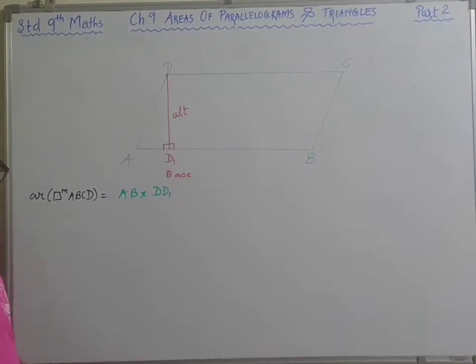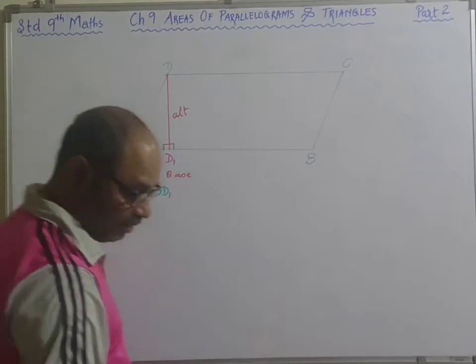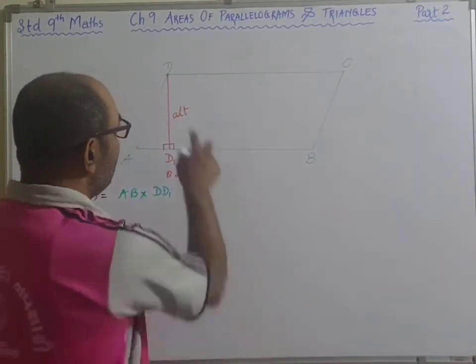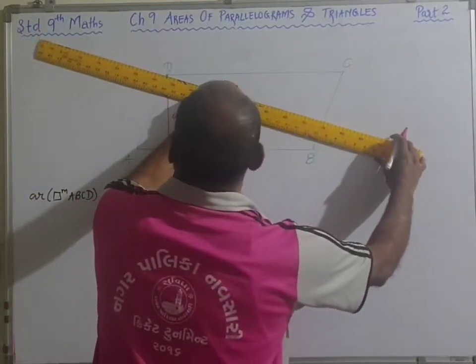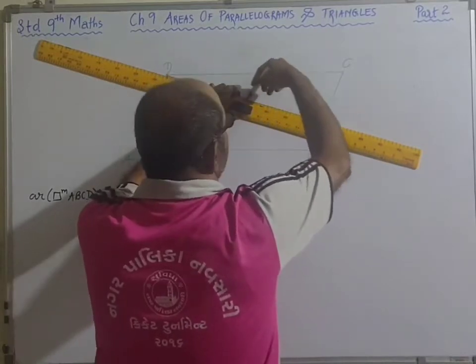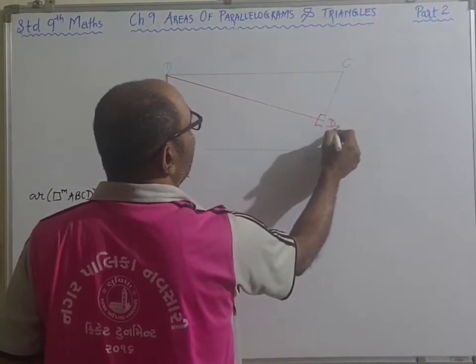Alright children? Okay. Now from the same vertex D, you can draw altitude on the other opposite side, and that is BC. Yes, drop perpendicular. Let the foot of perpendicular be D2.